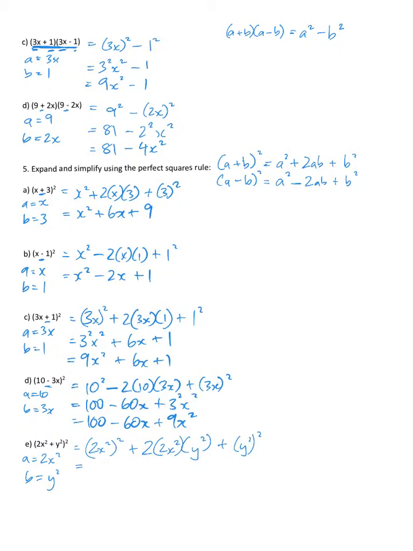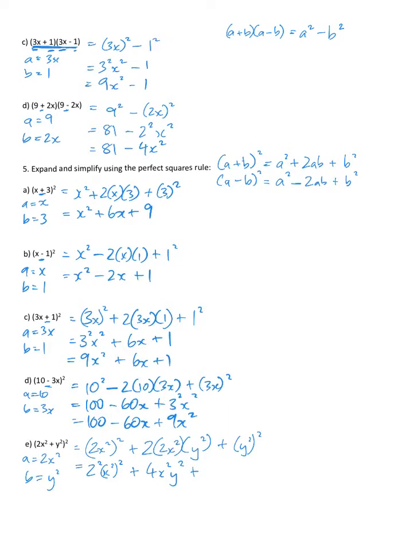So as you can see, you need to apply the index laws that you learned from last topic. So the squaring on the outside of these brackets applies to the 2, and it's also applying to the x squared. You're squaring that, plus 2 lots of 2x squared is 4x squared times by y squared is 4x squared y squared.